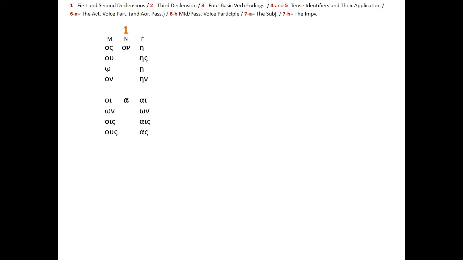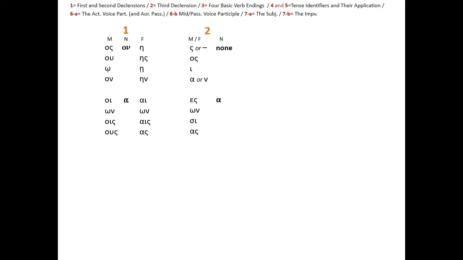All neuter words, nouns, pronouns, adjectives, participles, the accusative form is always exactly the same as the nominative case, singular and plural respectively. And always the genitive and dative forms, both singular and plural, are identical with the masculine forms. This, of course, could not be shown if the neuter gender column is located to the right side of the feminine gender.